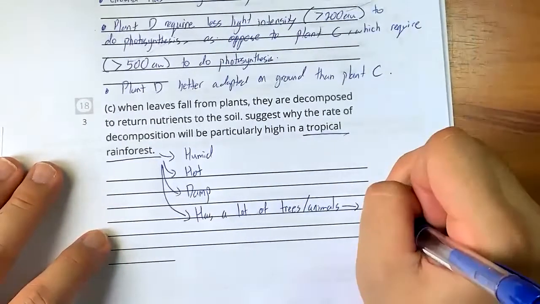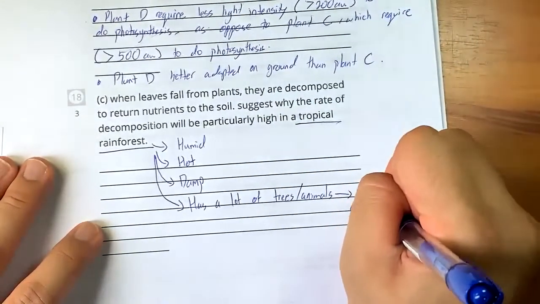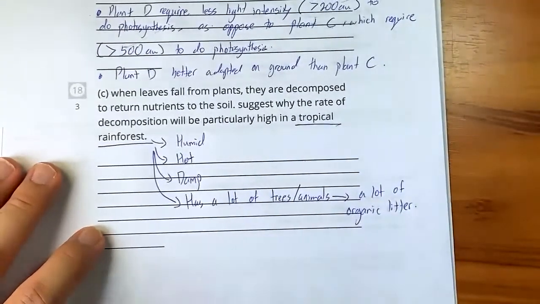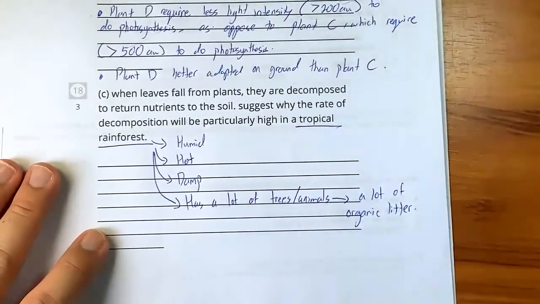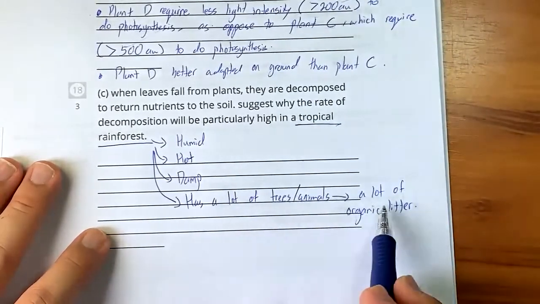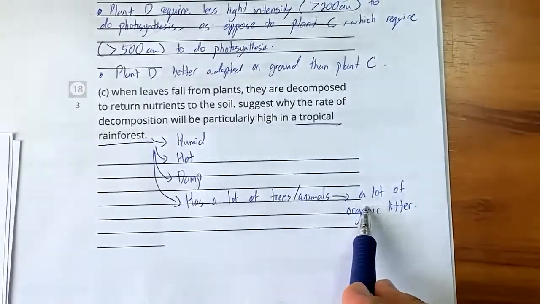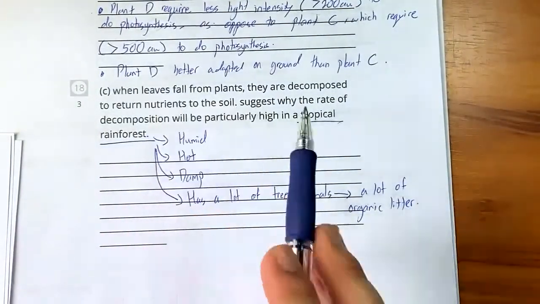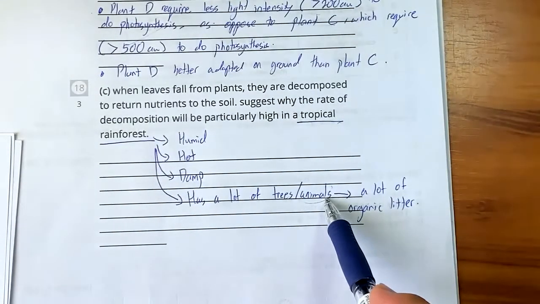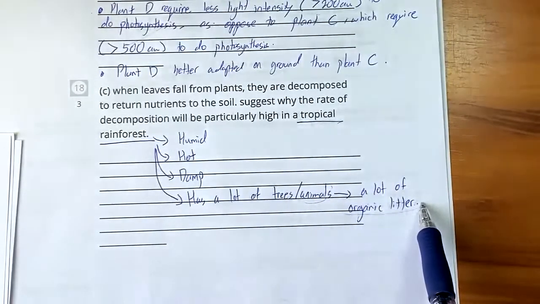Therefore, there is a lot of organic litter. So if leaves fall, they decompose and then return to the soil. Animal droppings and dead animals also decompose, then return to the soil.